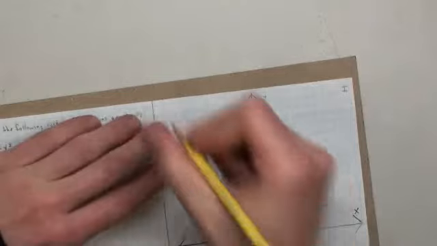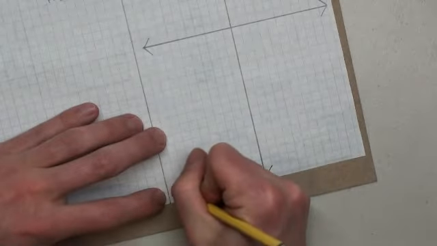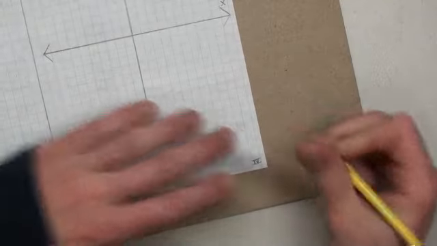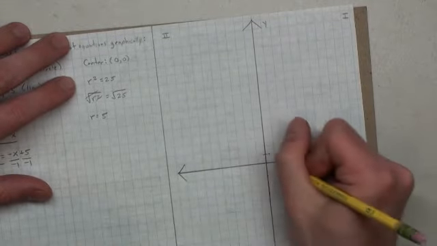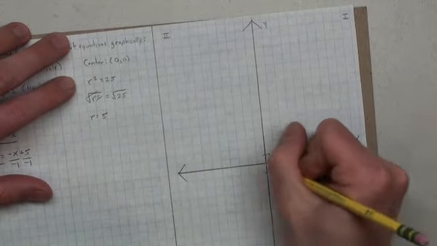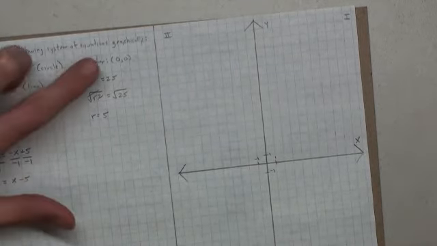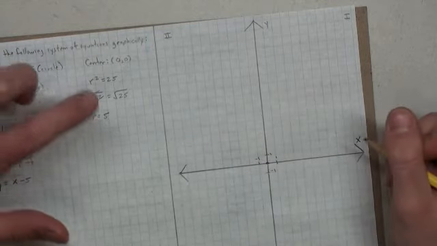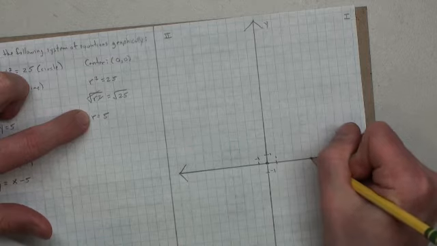Let's label our quadrants: 1, 2, 3, 4. And let's show everyone that we're going by ones in every direction. Okay, the center of my circle is 0, 0. My radius is 5. 1, 2, 3, 4, 5.